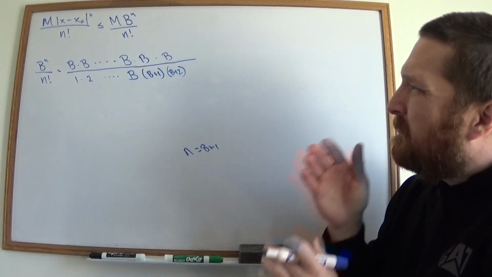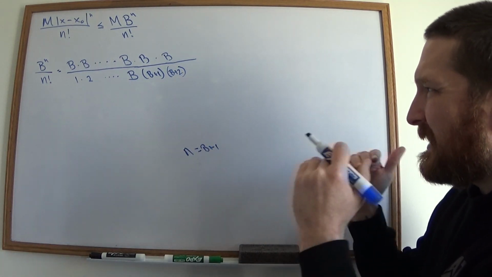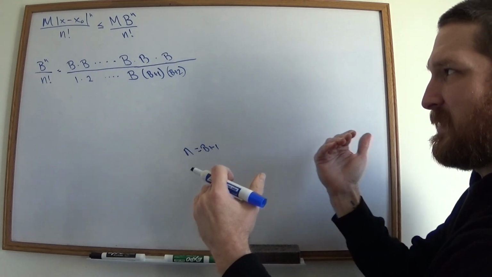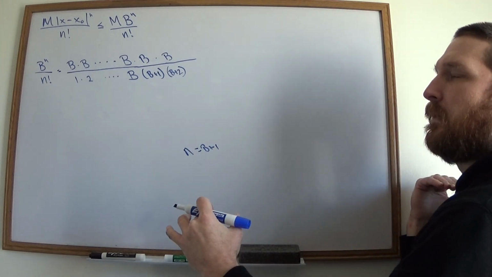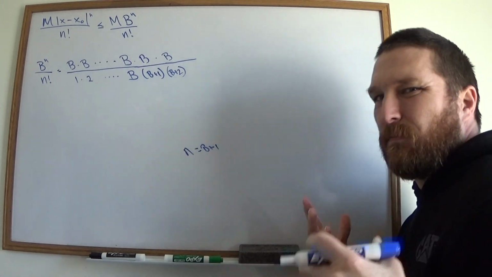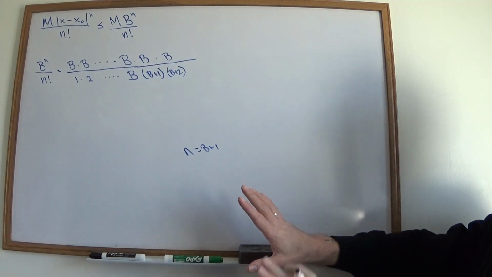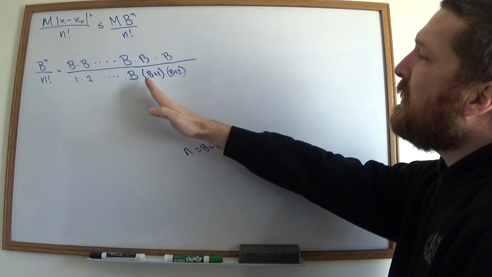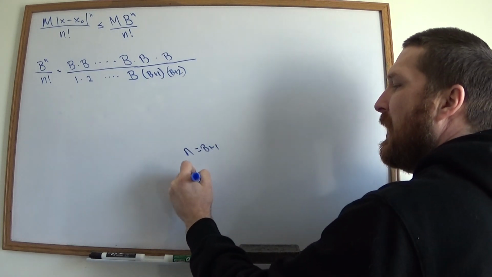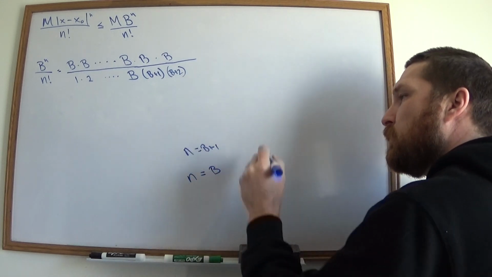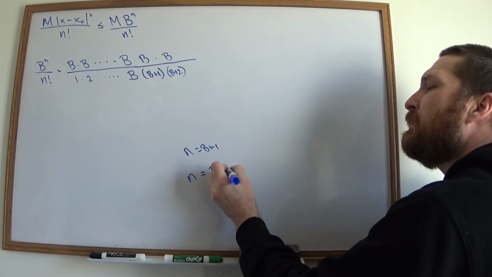Now, something tells me if I keep going, eventually this thing's going to get really, really big. Big enough. What do you mean big enough? Well, let's just see what happens. Let's say that we kept going until n went up to b plus 1, b plus 2, all the way up to b plus b.